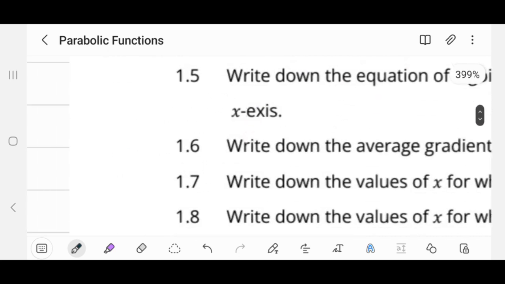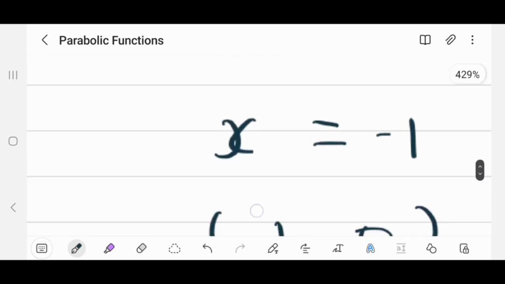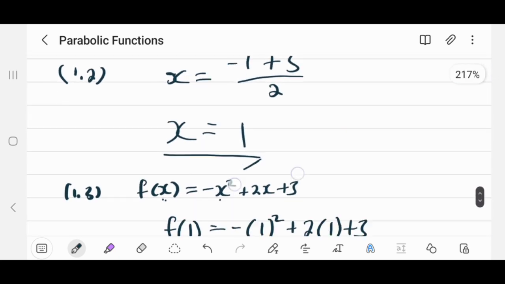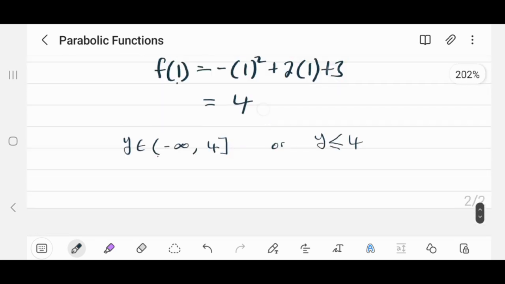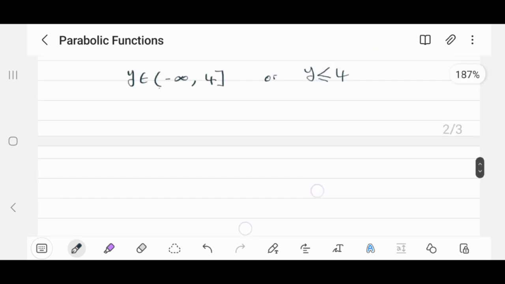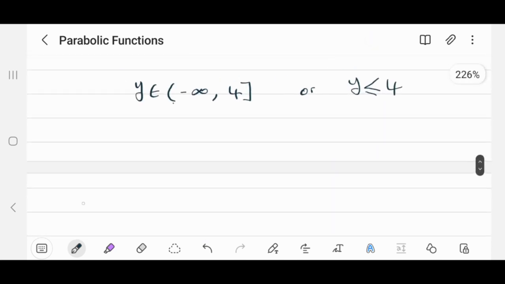So I'm just going to do that. That is 1.4, on the next page now. So 1.4, we have C, which is 0:3. We have B, which is 3:0.